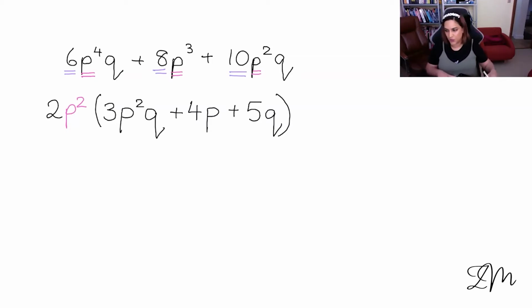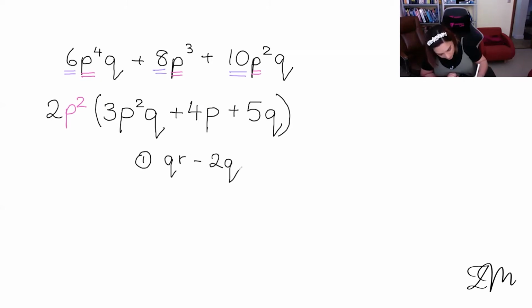So what I'm going to do is put up a series of about 5 questions. I suggest you pause it, attempt them, and then have a look at the answers and check that you agree. The first question we've got is qr minus 2q. The second one, we're going to have 6x minus 3y.